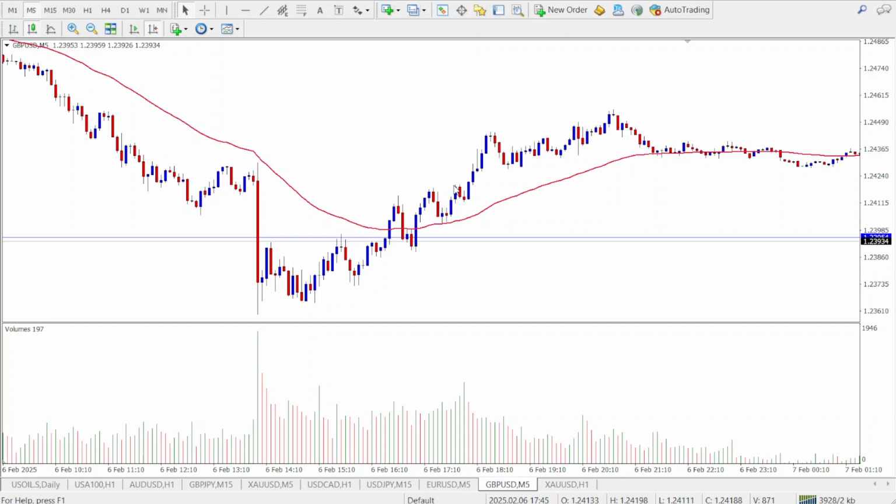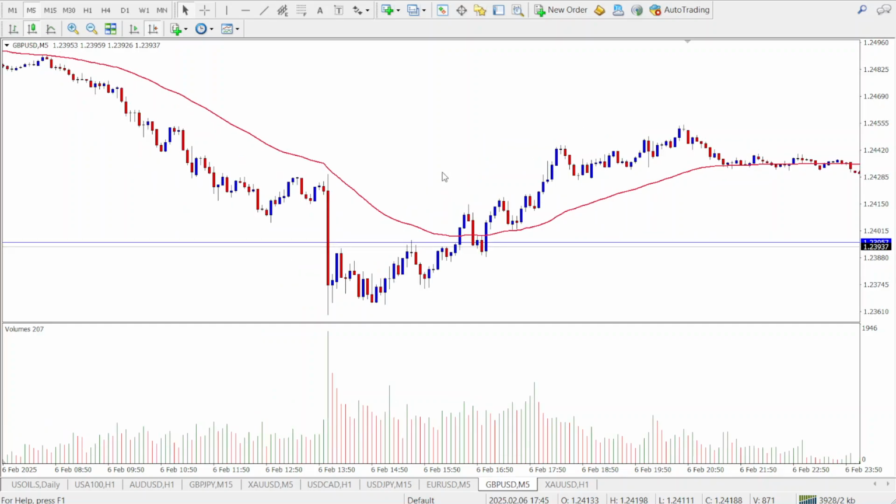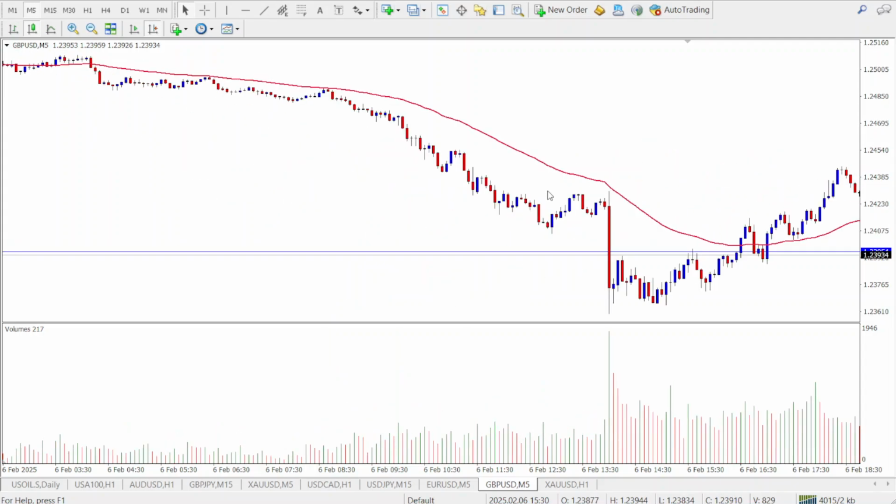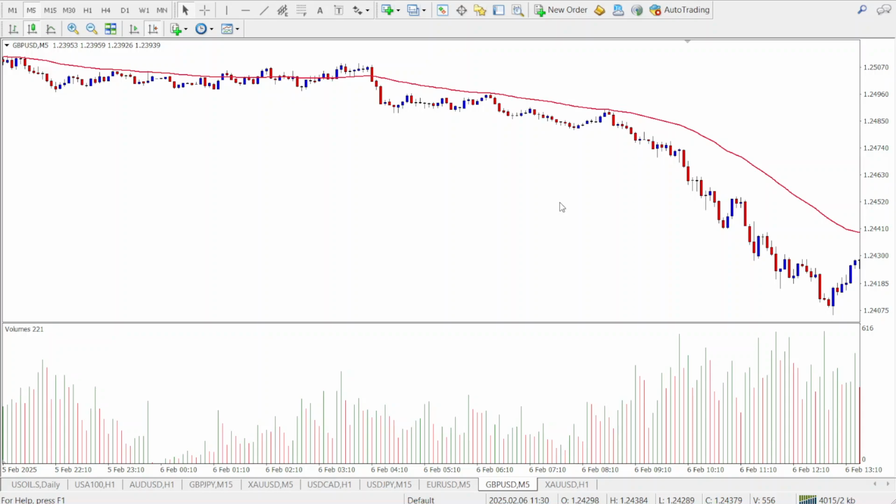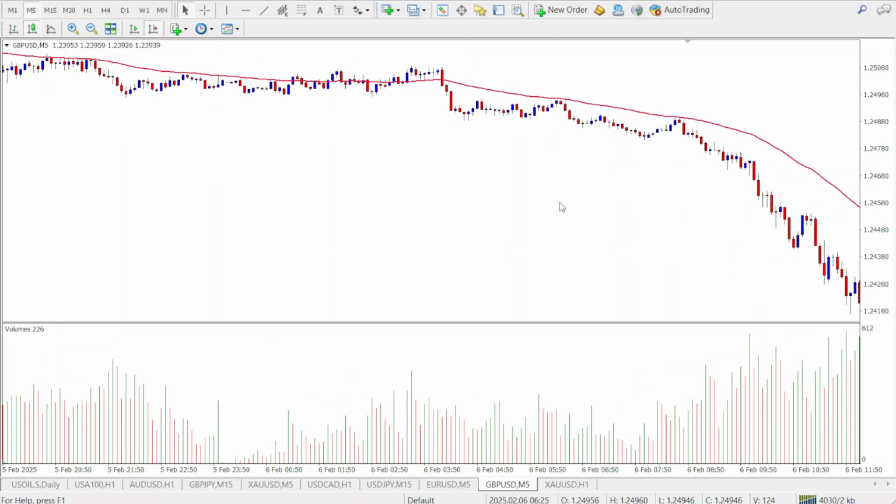Now, let's just quickly break it down with a real chart example, right? I want to look for a good example.